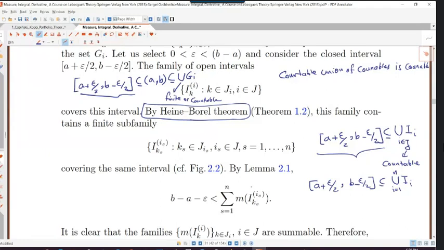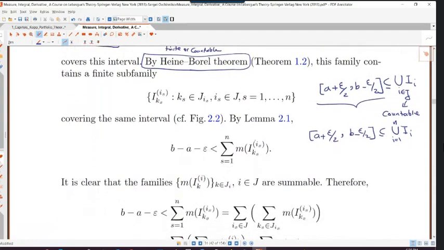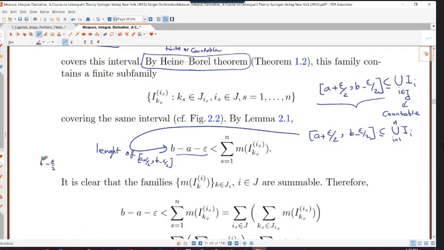Now we have, by the previous lemma, that the length of this closed interval, the length of the closed interval A plus epsilon over 2 to B minus epsilon over 2, is B minus epsilon over 2 minus A minus epsilon over 2, which is B minus A minus epsilon.